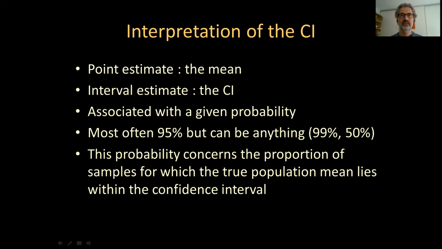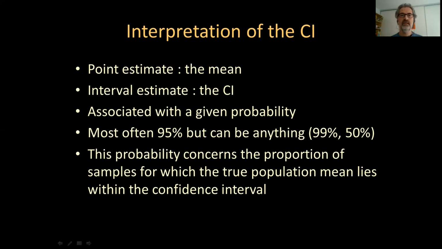It is technically not accurate to say that the population mean is within my confidence interval with 95% confidence, although that sounds very intuitive and many people actually say it. So you will encounter this.